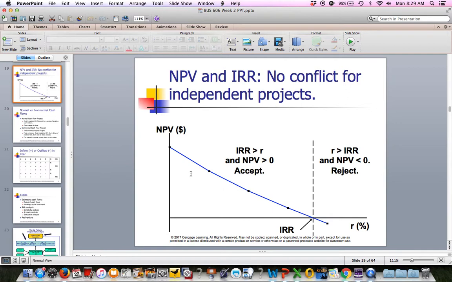Okay. And this just shows you the relationship between the two. For independent projects, NPV and IRR will give you the same information. They will both say yes, accept, or reject. They'll give you the same answer if you're looking at independent projects. I did a lot of capital budgeting in my corporate days.